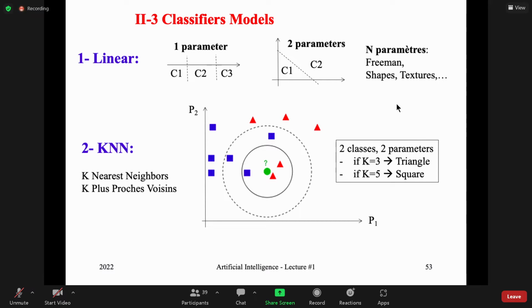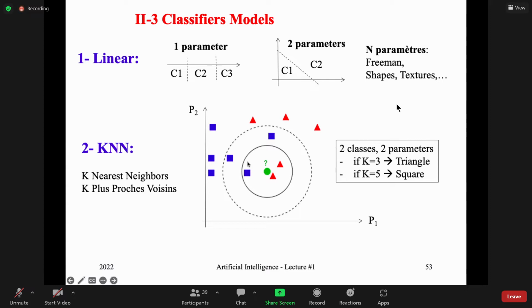So as we can see here, we have 1 time the square and 2 times the triangles. And after that, we take the majority, and the majority here is triangle because I have 2 triangles and only 1 square. So the answer, with k equals 3, is that here we can have triangle as the classification.